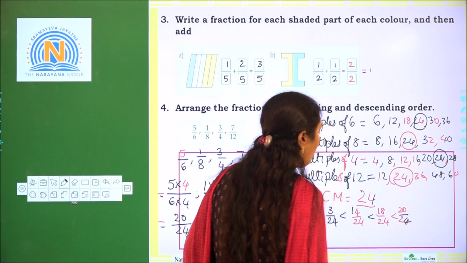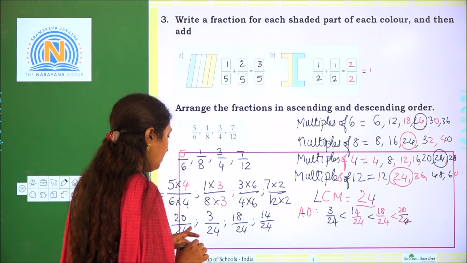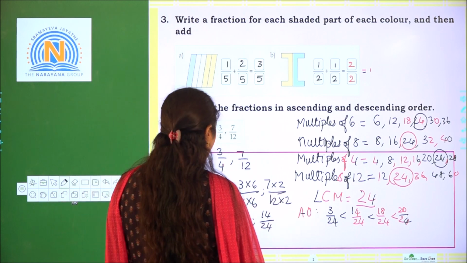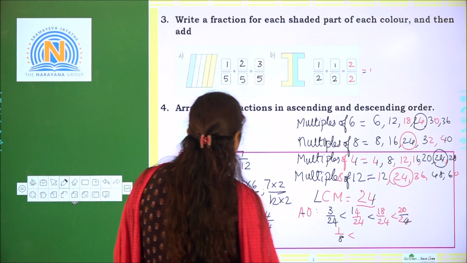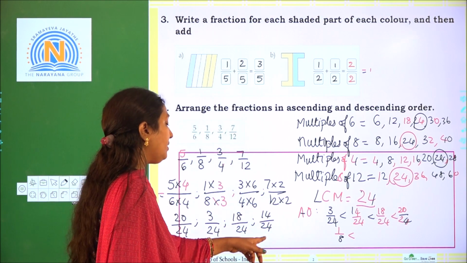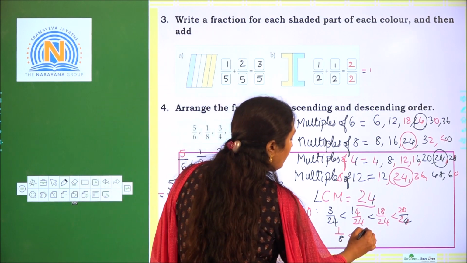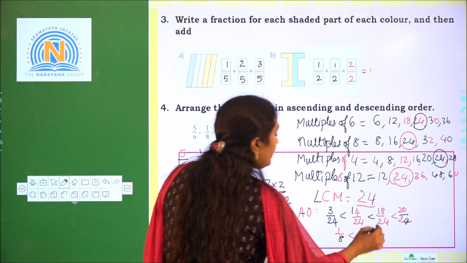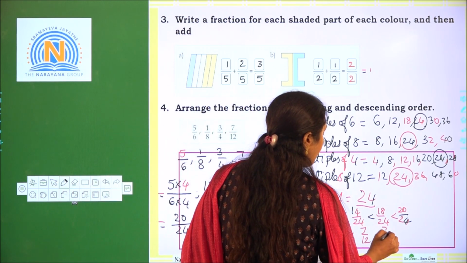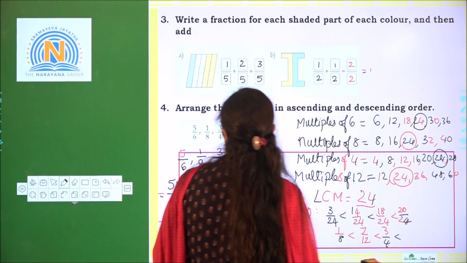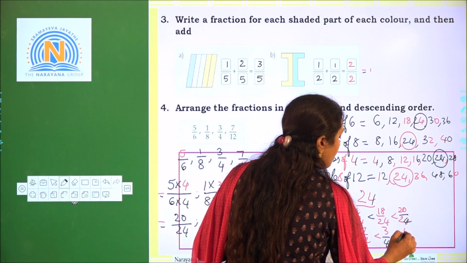What are the actual fractions of these? 3 by 24 is nothing but 1 by 8, then 14 by 24 is 7 by 12, 18 by 24 is 3 by 4, and the next one is 5 by 6.